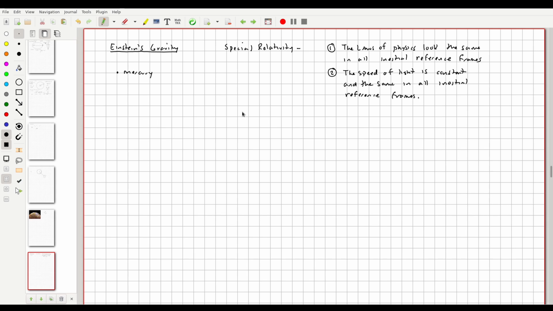If you, for example, have a star coming towards you and you look at the speed of the light coming from that star, the speed that you see is not a combination of the speed of light plus the speed of the star. It's just the speed of light. If you have a star moving away from you very quickly that puts out light, you don't see a difference between the two. You just get the speed of light. So this is an experimental fact. Now we call these the postulates of special relativity.